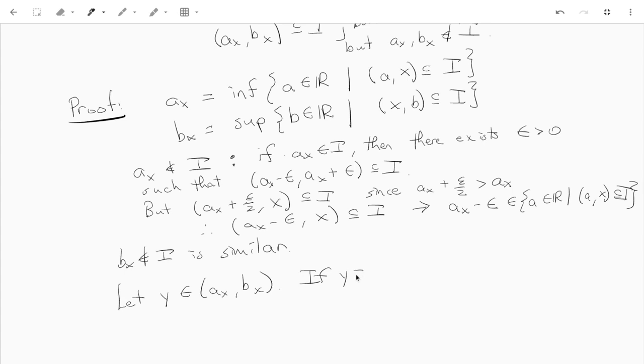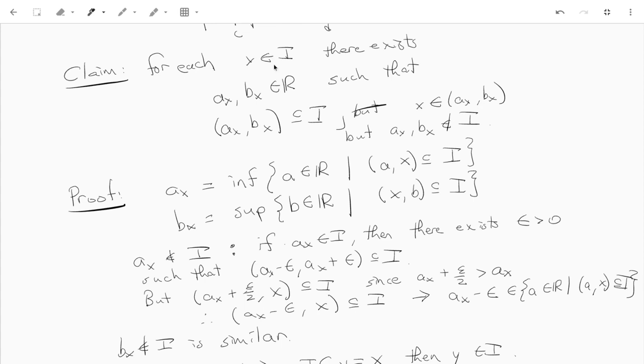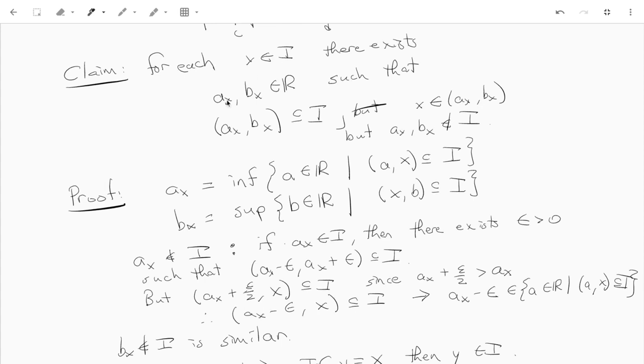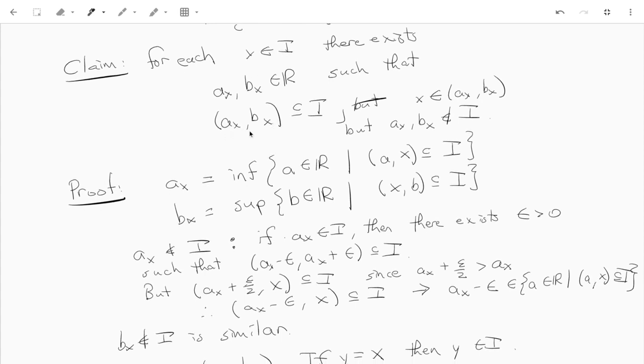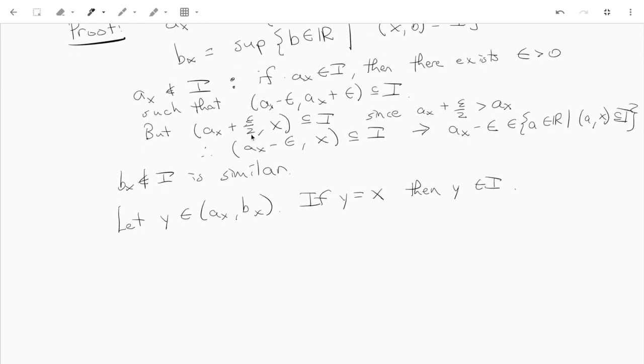If y is equal to x, then y is an element of I, because that is given to us. We want to show that each element of I is contained in a maximal interval. I should note there's probably a slicker way to do this, but that's okay.